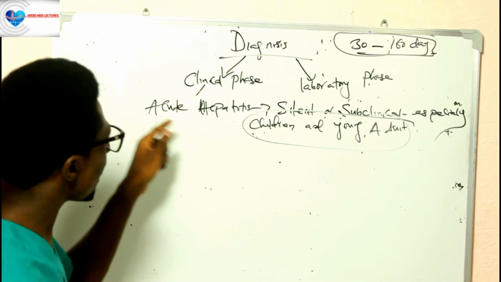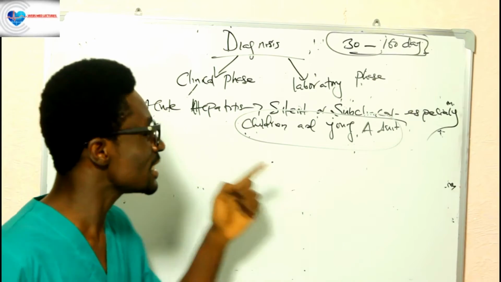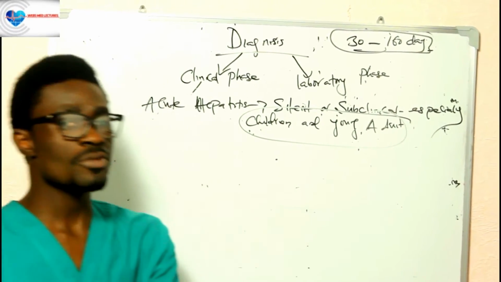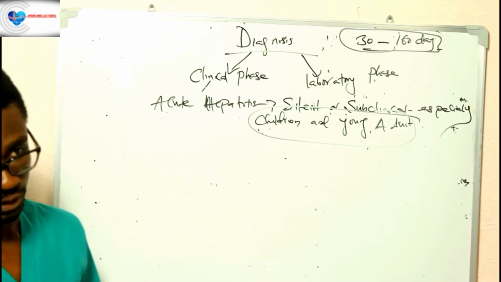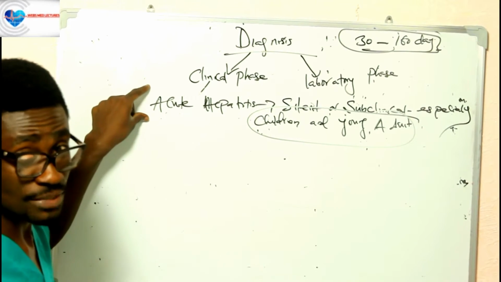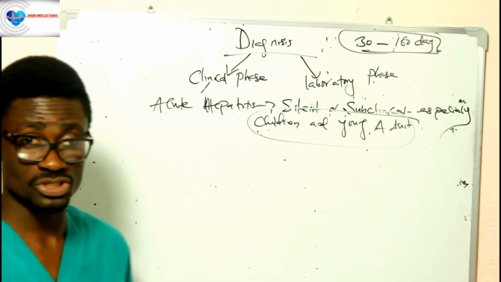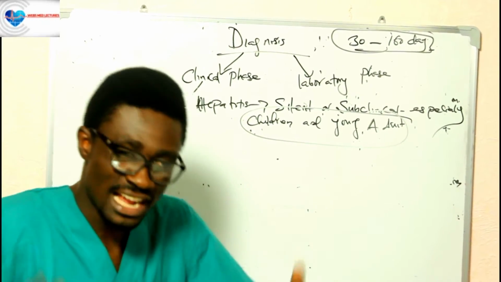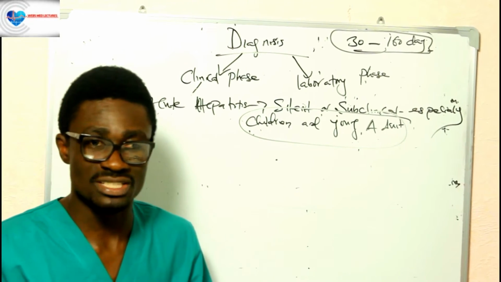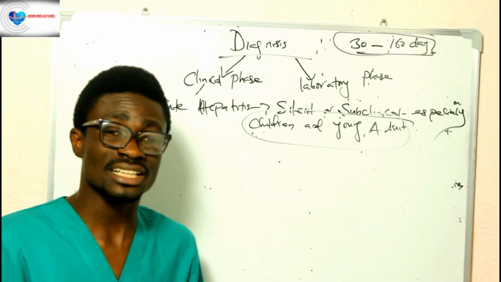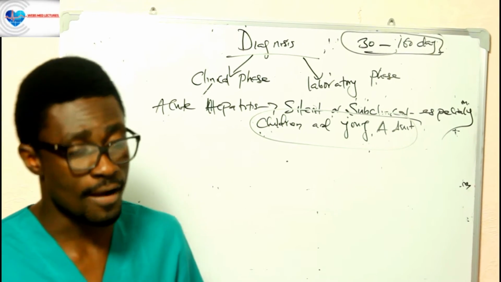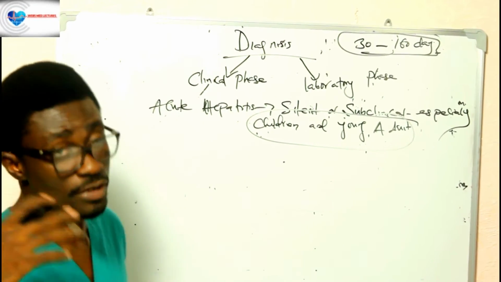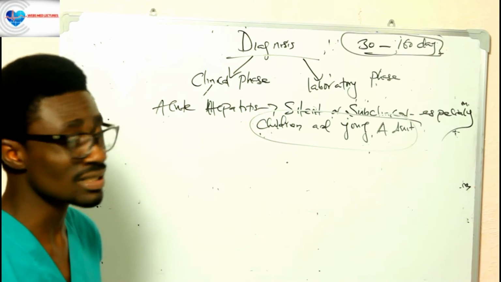Okay, now, what are the presenting symptoms of the acute hepatitis? Remember, we said that it is acute. You understand? And once it's acute, it means there is an immune response to it. There is a sharp immune response. The body is trying to react and destroy the virus instantaneously, and as a result, an individual starts expressing a very painful clinical presentation.